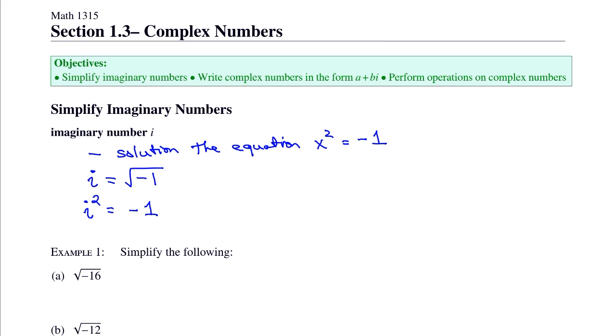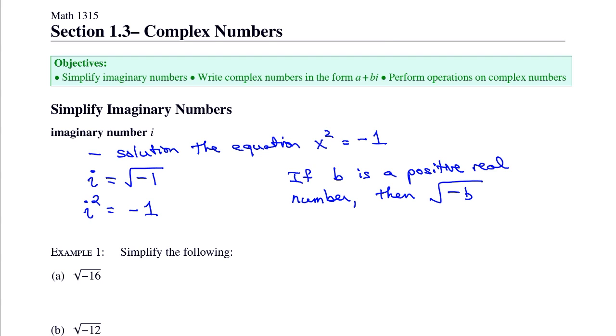One more little fact about imaginary numbers. If b is a positive real number, then the square root of negative b is equal to i times the square root of b.